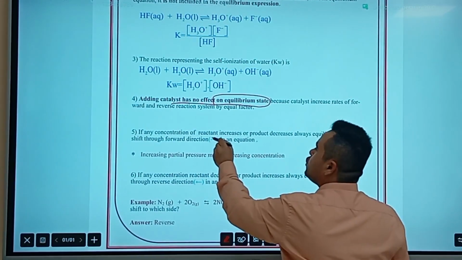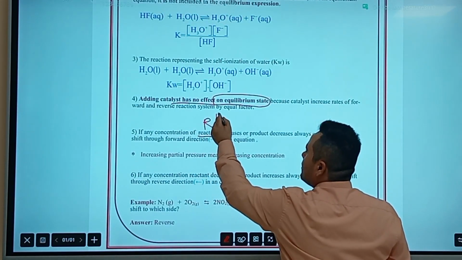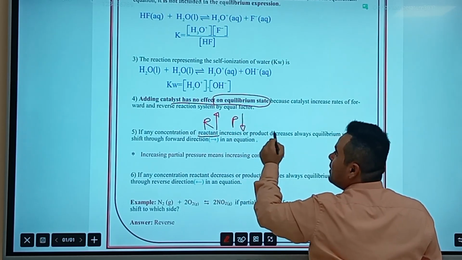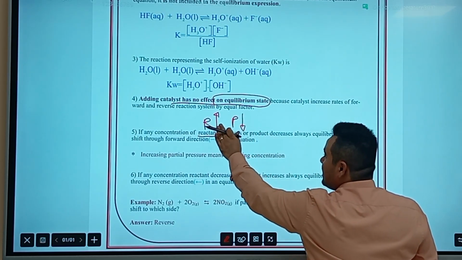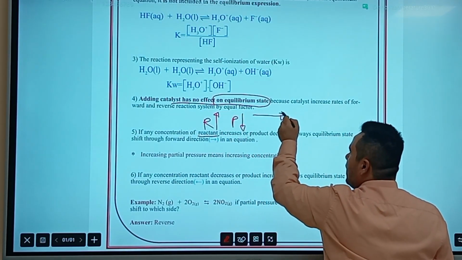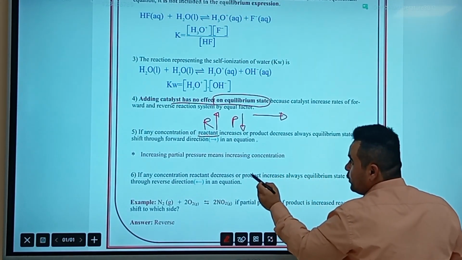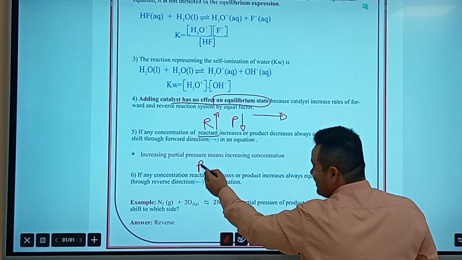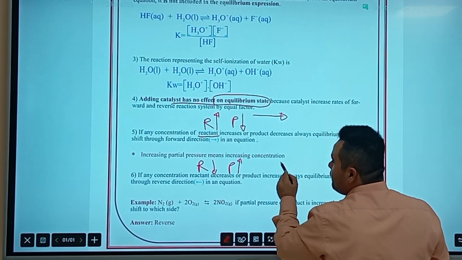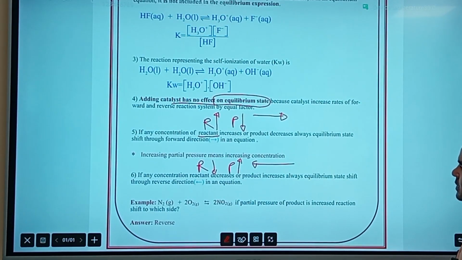If the concentration of reactant increases, or product decreases, always in this case, the shift is toward the forward direction. Or if the concentration of the reactant decreases or product increases, it favors the direction toward the reactant, the reverse.